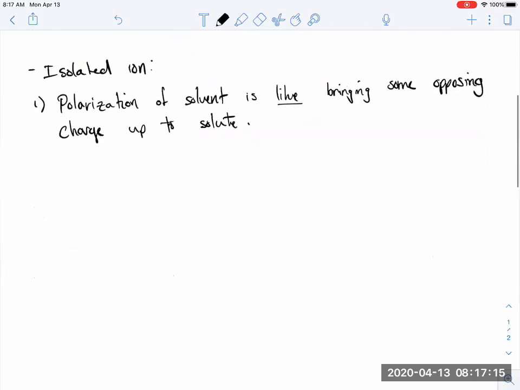So the picture we can have in mind, say if we had a cation in solution, you know that its electric field lines, those lines of force that it would exert on a test charge, would be to push that test charge away. So we'd have radial field lines emanating away from a cation.